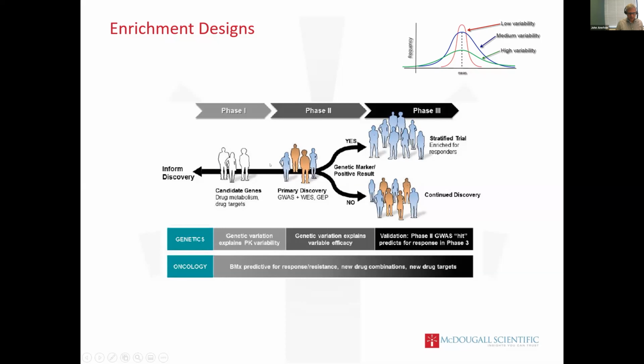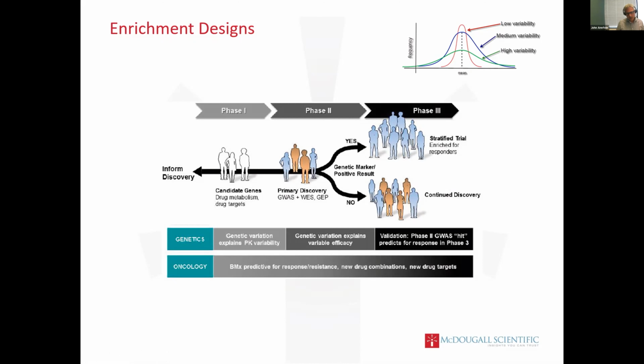So what we do with that biomarker is we ignore patients who don't have the biomarker of interest, or the reverse, depending on what we need to do, and then we study that homogeneous group. Biomarkers have at least two flavors or reasons for enriching a sample based on the biomarker.